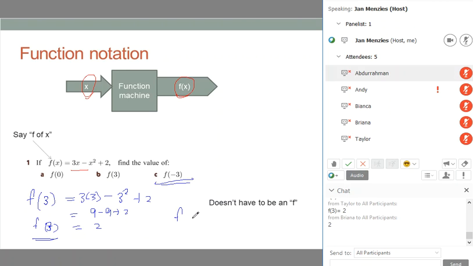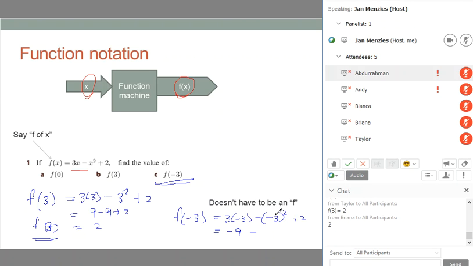If I do f of negative 3, so I'm replacing x with negative 3. It's 3 times negative 3. Subtract negative 3 squared. So just be careful, the negatives get squared as well as the 3, plus 2. 3 times negative 3 is negative 9. Subtract negative 3 squared.